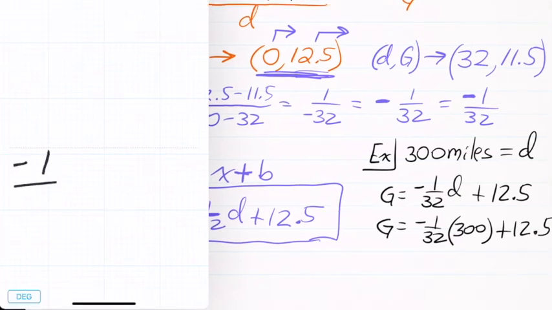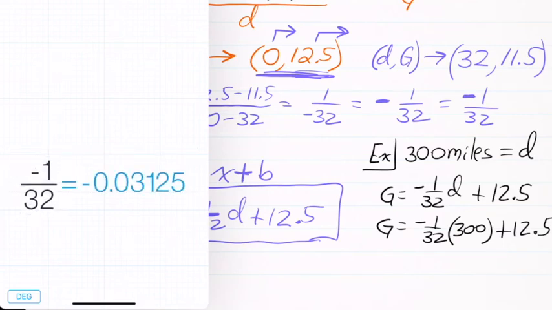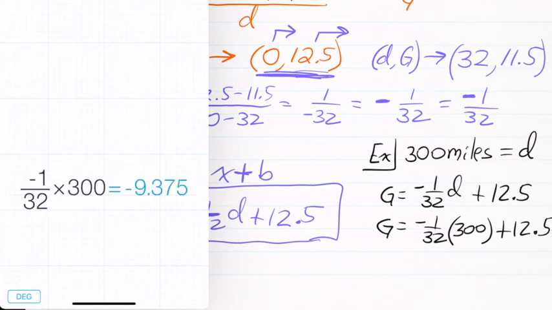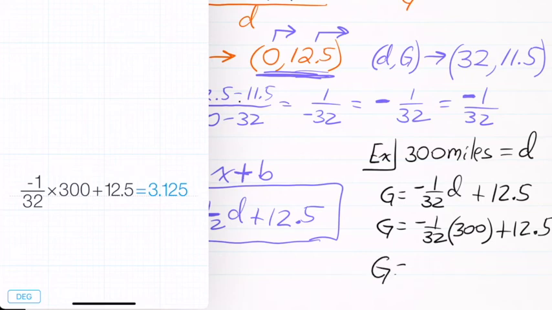So we're going to have 3.1 gallons left if we just approximate it.